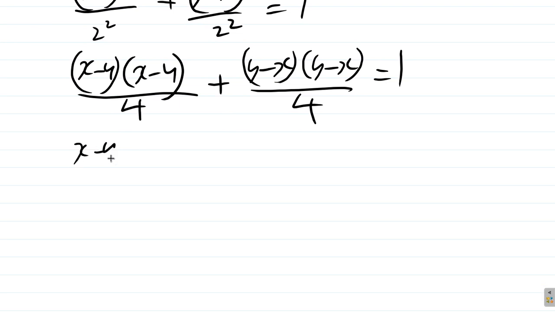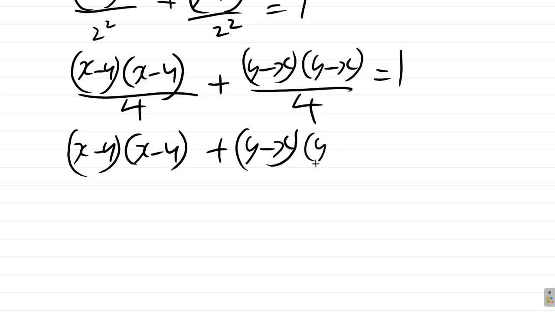We have (x minus y)(x minus y) plus (y minus x)(y minus x) equals 4. Because when you multiply by 4, these 4s cancel the 4 that you multiply by, and then you multiply the 1 by 4 to get 4.